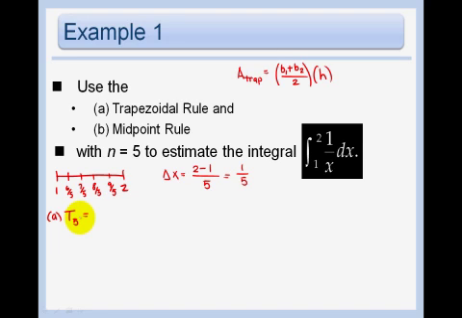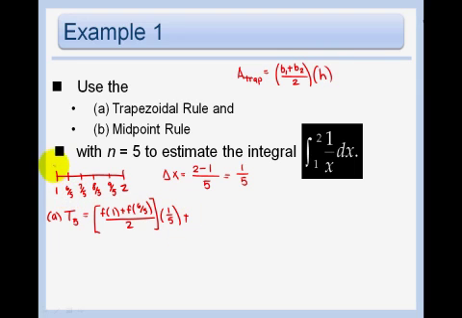And so my first trapezoid is just the average of the bases. So the first one would be f of 1 plus f of 6/5 over 2 times the height, plus the second one.